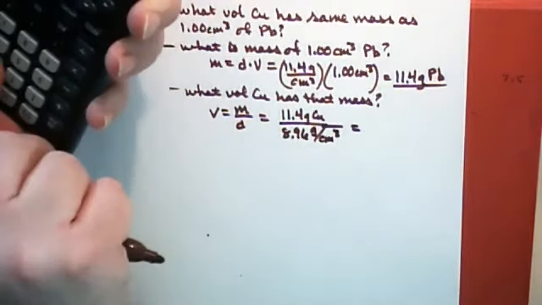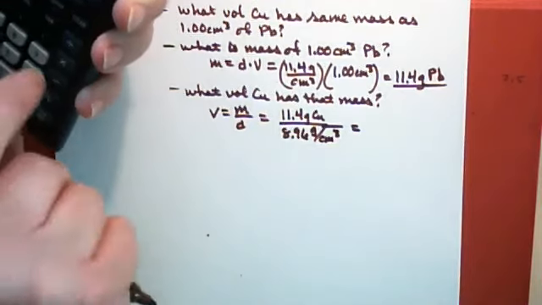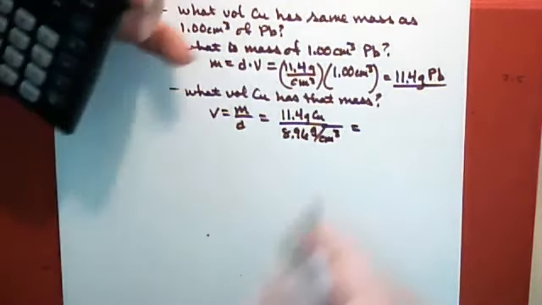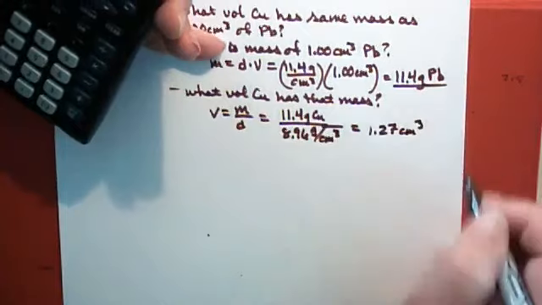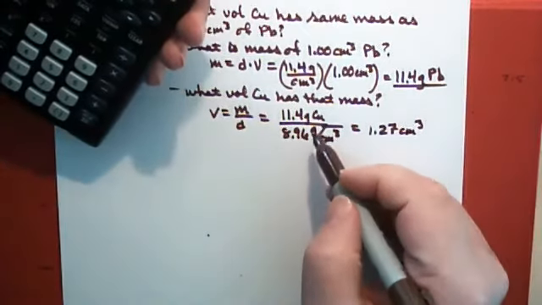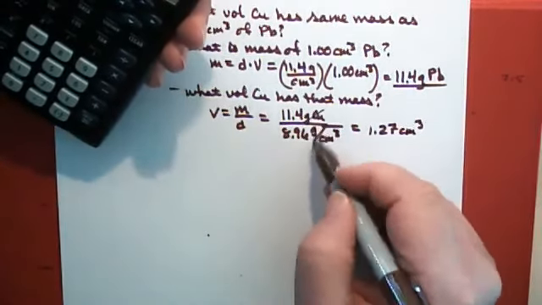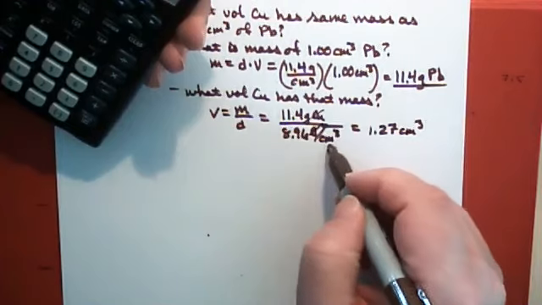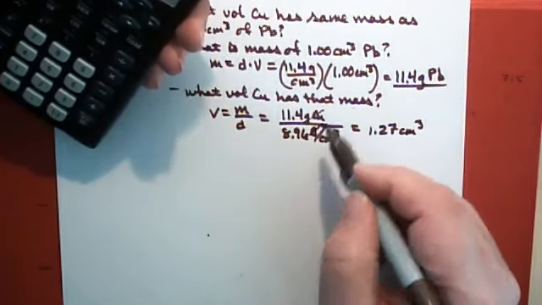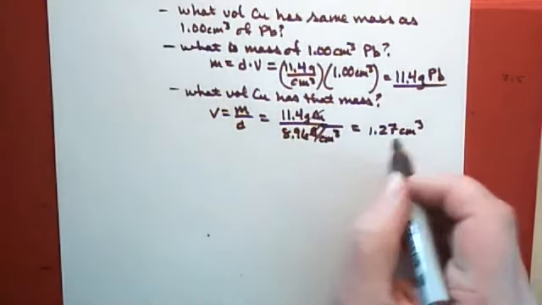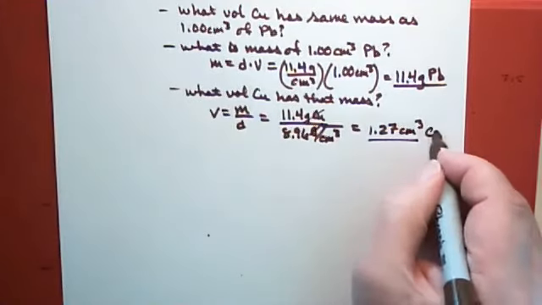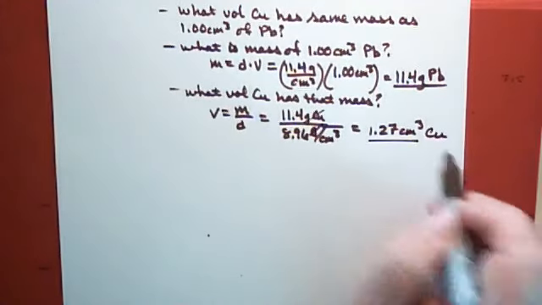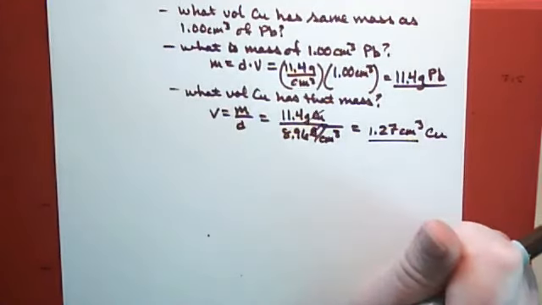Okay, so 11.4 divided by 8.96, and that's 1.27 cubic centimeters. Notice that grams cancel, and cubic centimeters is on the bottom of the bottom, which is the same as being on top. So there's your volume right there. 1.27 cubic centimeters of copper.